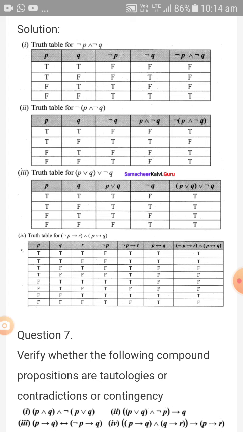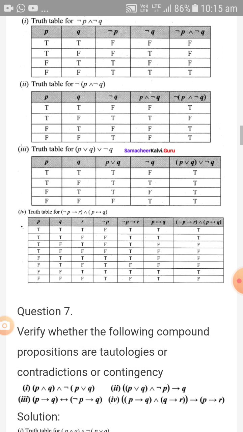Now we have to combine these two columns: P or Q, or not Q. True false means true, false true means true. Here one true one false gives true in an OR gate, but in an AND gate we would write false. Here all are true.